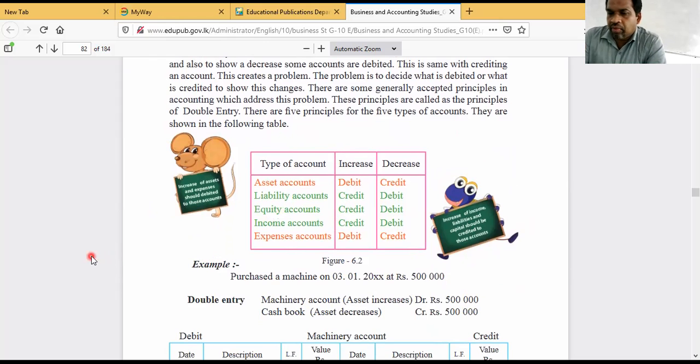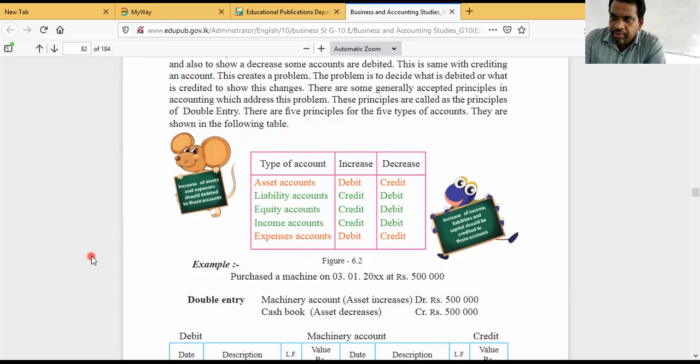You know, later on, other people develop double entry principles depending on the double entry principle. So here we are given those 5 principles, created depending on the ledger accounts available in a ledger.